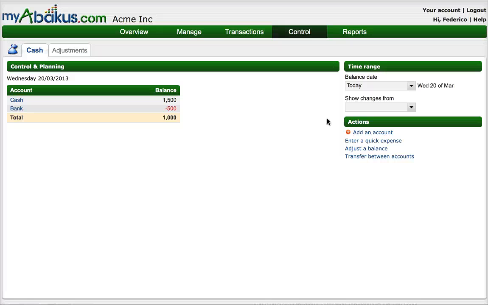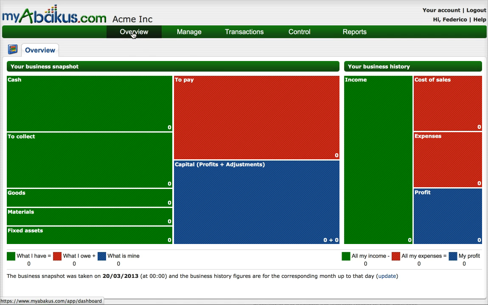In fact, my Abacus is designed for small business owners who want to keep their business accounts in order and up to date without relying on a third party or an accountant. So that's the philosophy. However, if you want to see how my Abacus does what the accountants call the double entry, you can do so by clicking on the overview and clicking here on update.